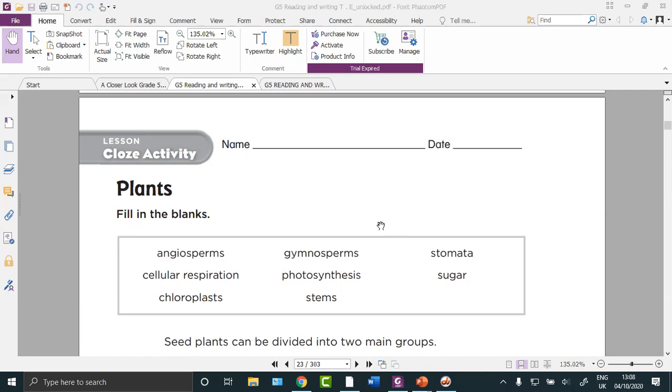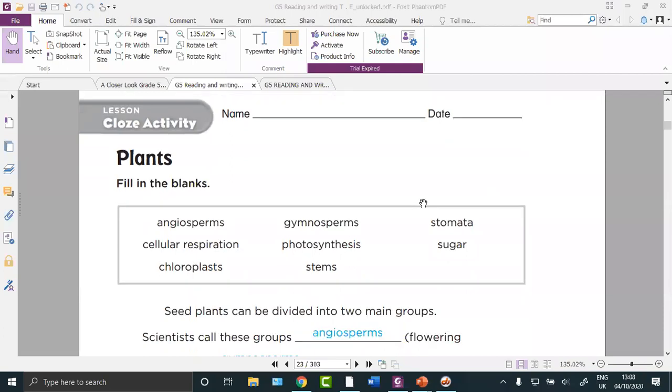Okay. Study hard. Now I will choose another student. Yasin Sameh. Yes, mister. Read. Okay, continue. Plants can be divided into two main groups. Scientists call these groups angiosperms, flowering plants, and gymnosperms, plants without flowers.